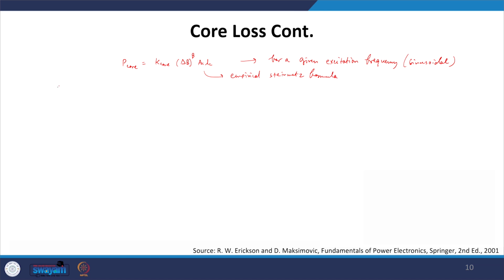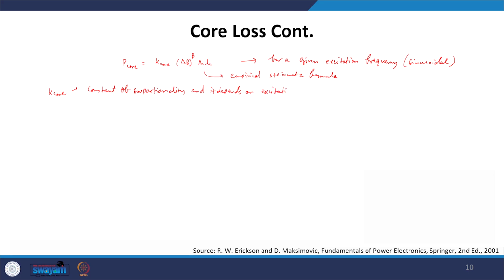Here our K core is the constant of proportionality and it depends on the excitation frequency.